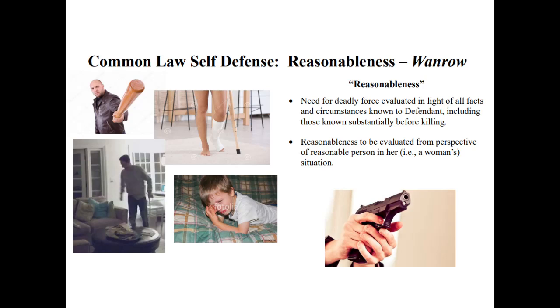So, next slide. In this particular case, the defendant is convicted of second-degree murder and appeals. And on appeal, the defendant claimed that the trial court improperly instructed the jury.